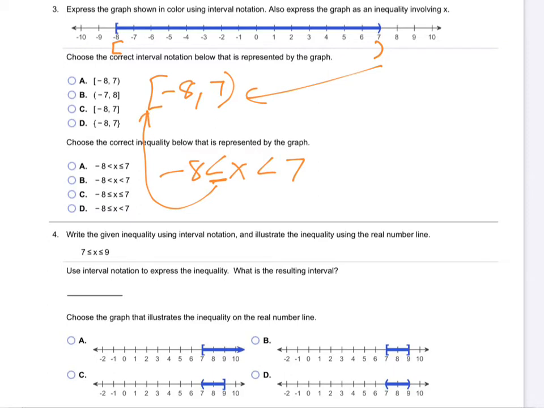If there was a bracket on the other side of 7, it would also get the equals. And if it's one parenthesis and one bracket, the one with the bracket gets the equal sign. Right. So just know the rule. Bracket, remember what it means? It means straight on it. So it's always going to get the equals, isn't it? And the parenthesis just means it's around it, so that's never equal. That'll always be how that works.